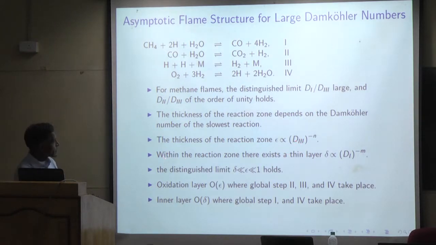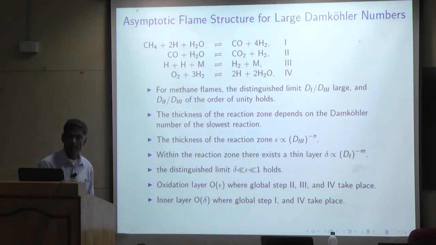Within the reaction zone, since I said D1 is much larger than D3, you have another layer, which is of D1. Since this is larger, delta is smaller than epsilon, and following this order, this particular inequality holds.